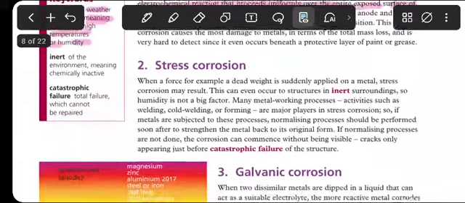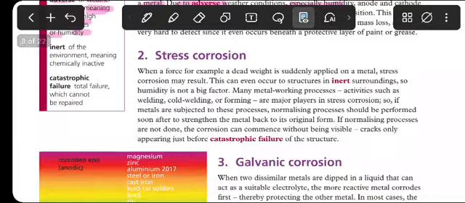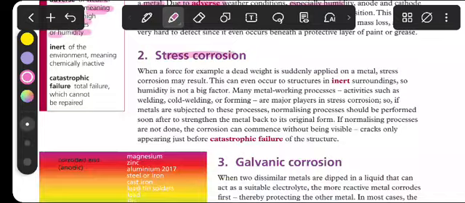Then we have what we call stress corrosion. When a force, for example a dead weight, is suddenly applied on a metal, stress corrosion may result. This can even occur in structures in earth.